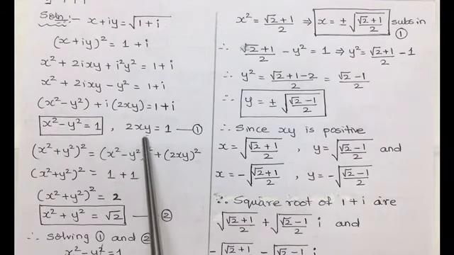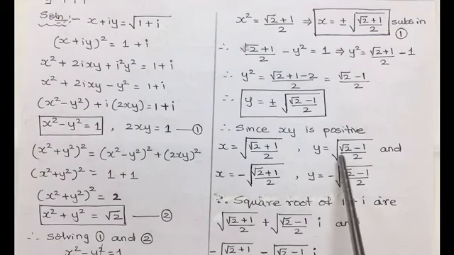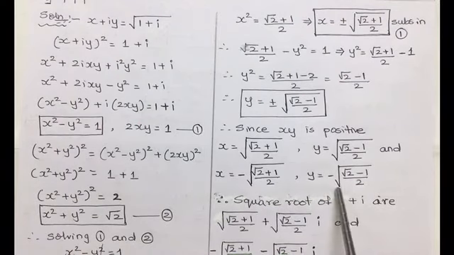Now since xy is positive, we need to take the combination: if x is positive, y is positive; if x is negative, y will be negative.